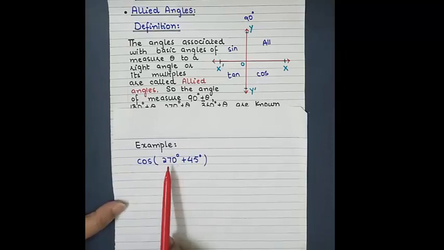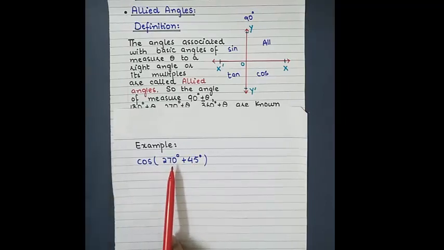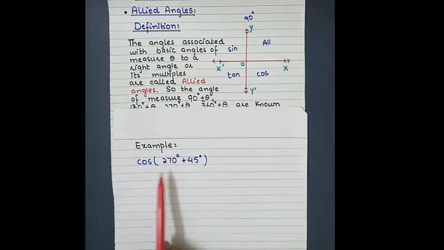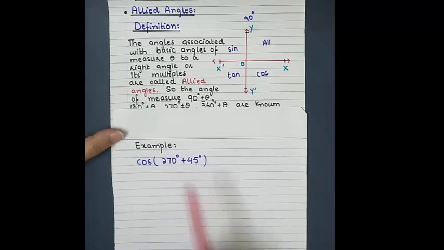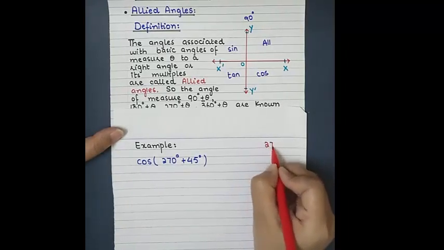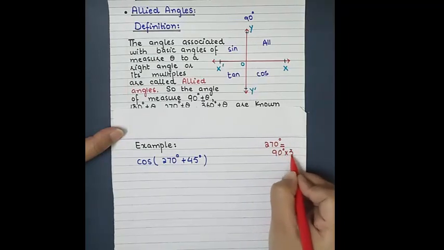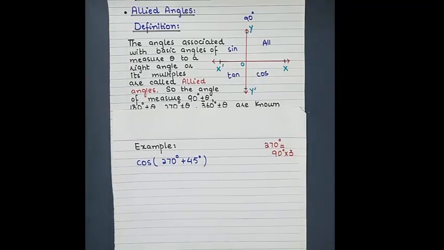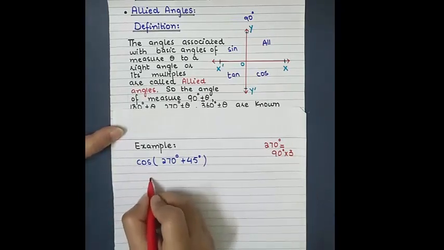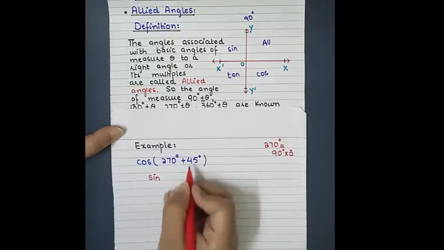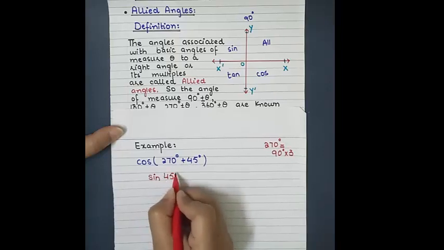If theta is added to or subtracted from an odd multiple of 90 degrees, then the trigonometric ratio will change into its co-ratio, right? So 270 degrees is an odd multiple of 90 degrees because 3 is an odd number. So it means rule number 1 is applicable here. The cos will change into sine of angle theta.